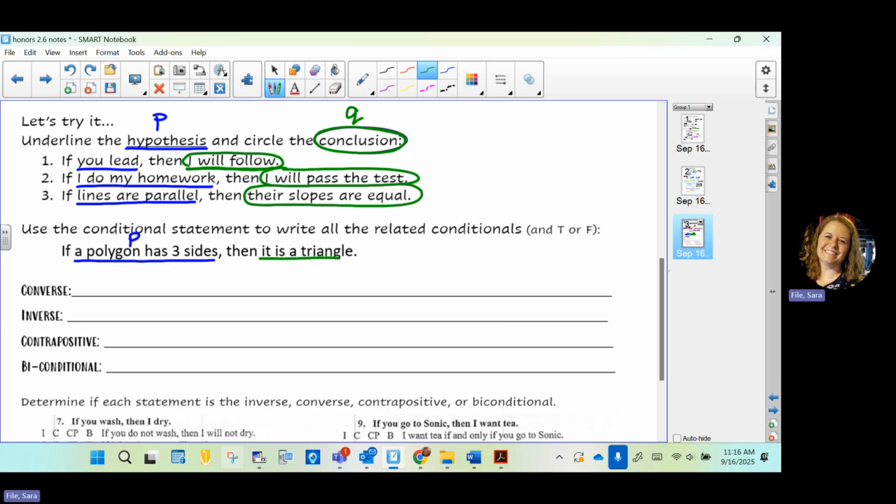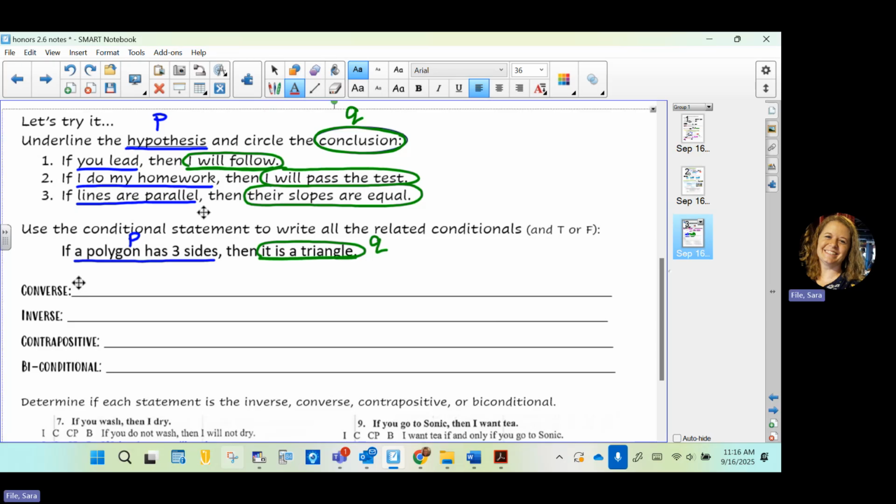It is a triangle, that's my Q, my conclusion. So far, so good? Now I want to write, and I'm going to type so it's a little faster than handwriting, the converse. The converse switches the order.